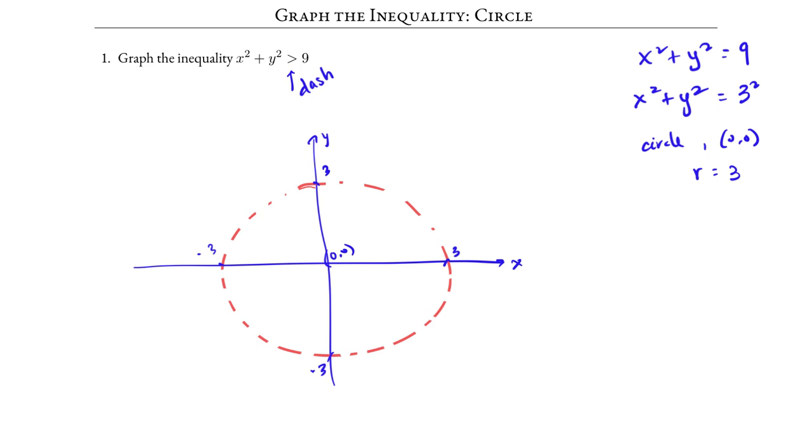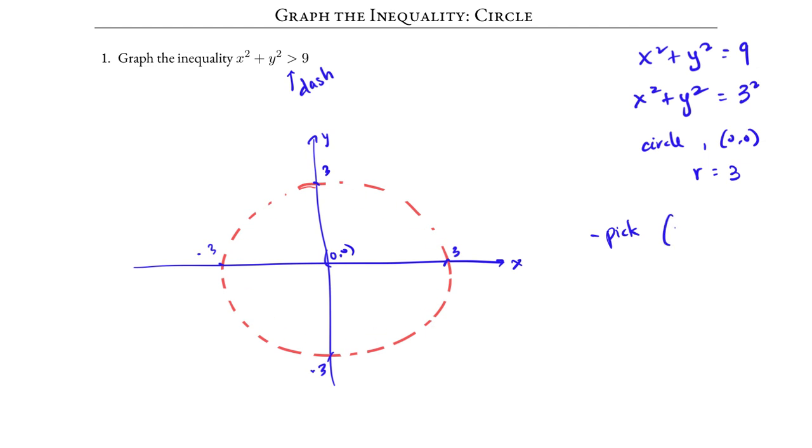To determine which region to shade, we should pick any point to test to see if it's included in the solution region. Usually, we do not pick a point that is already on the curve.